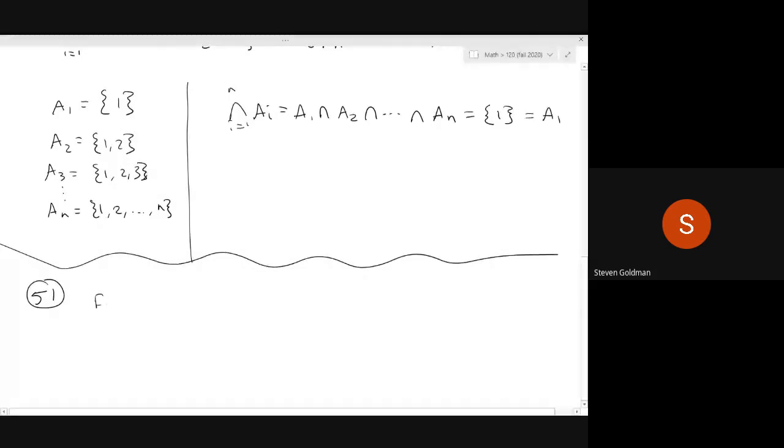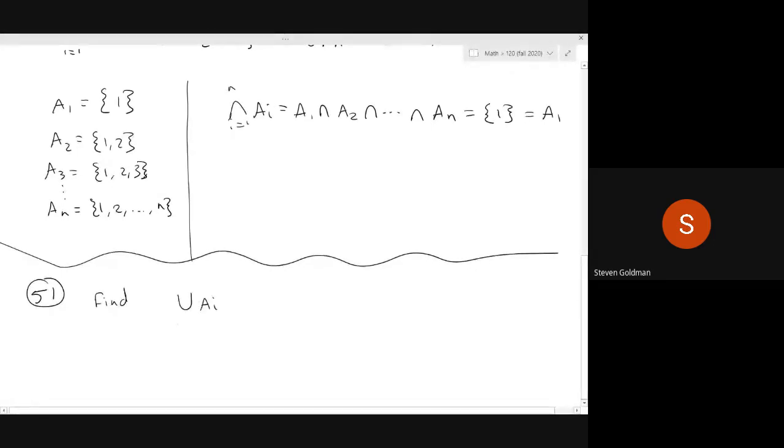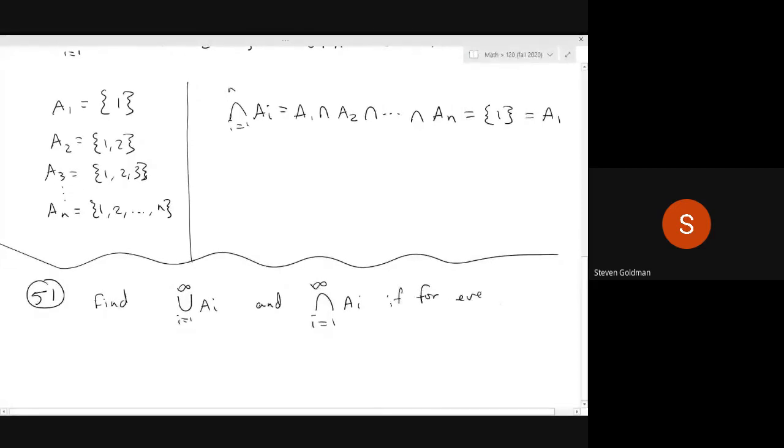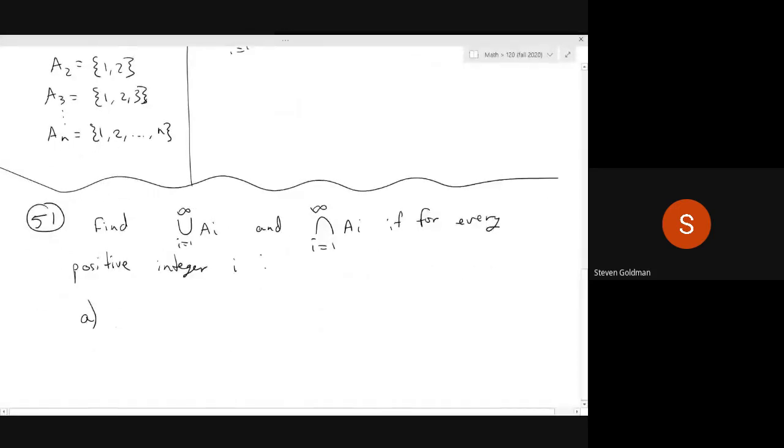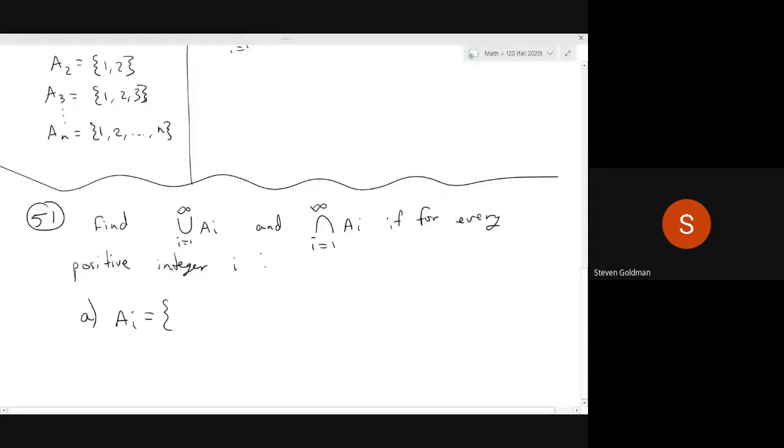Find the union of A sub I going from 1 to infinity, and the intersection of A sub I going from 1 to infinity, if for every positive integer I, and part A says A sub I is the set negative I plus 1, dot, dot, dot, all the way up to negative 1, then 0, then 1, then dot, dot, dot, then I minus 1, then I. Okay.